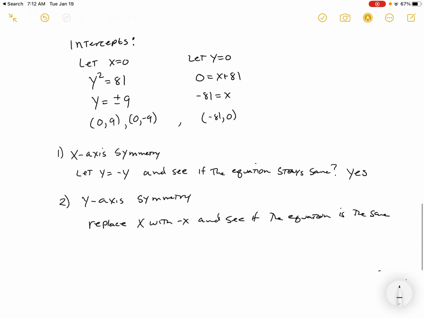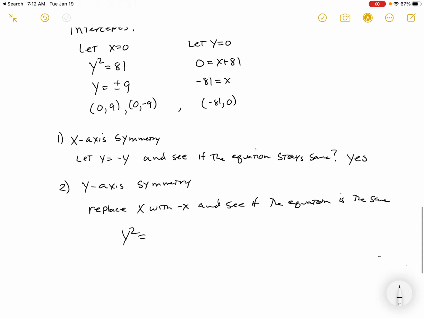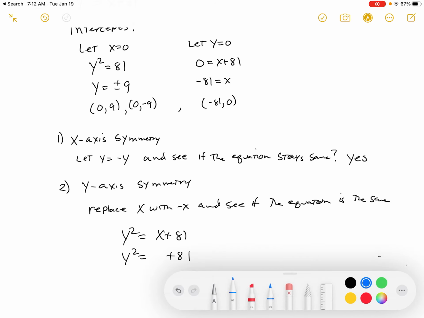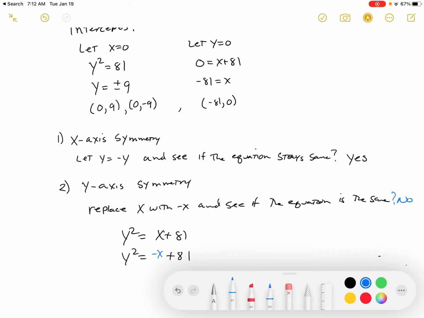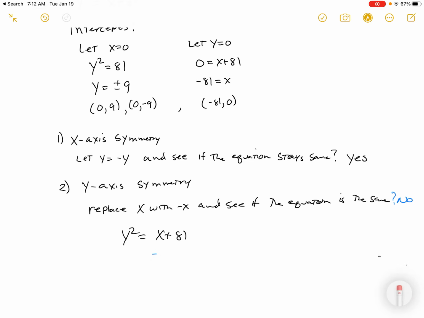The original equation was y squared is equal to x plus 81. We're going to leave our y squared and our 81, but replace x with negative x. Well, that looks different. That is not the same equation at all. There's no way to get rid of that negative and have it look like x. And so the answer to this one is no. It does not have y-axis symmetry. It's easy to get those words mixed up.